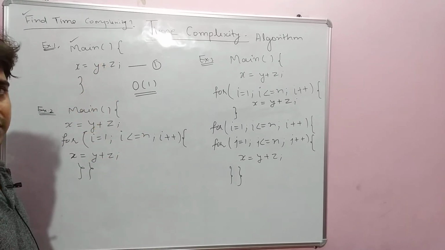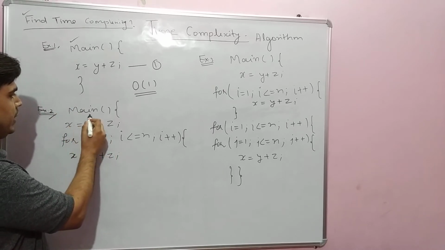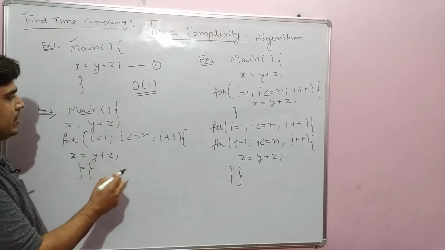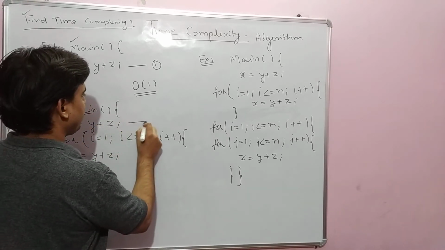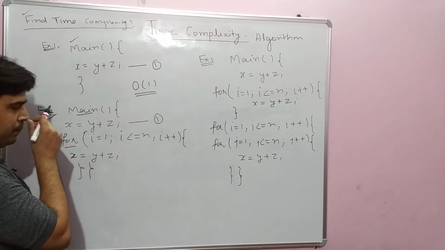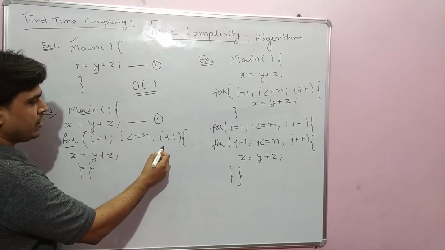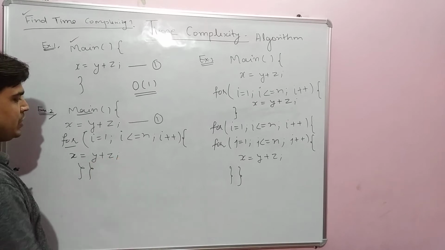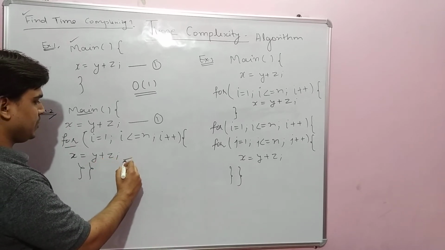Now the next one is the main method, x equals y plus z. It will also run one time. Now this is the for loop, i equals 1, i less than or equal to n, i plus plus, then x equals y plus z.